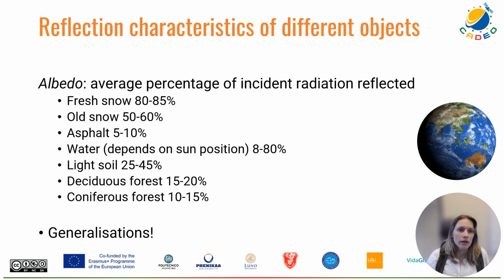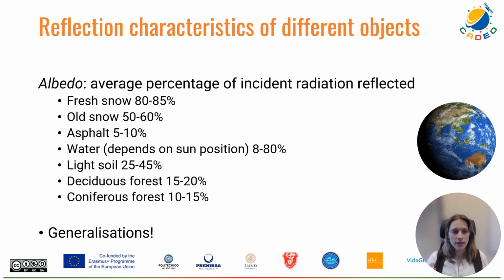Yeah. And we have something called albedo, which is the average percentage of incident radiation that gets reflected by the land surface. And so the higher percentage, the more is reflected. So for example, we know that fresh snow has a very high albedo. It reflects a lot of incoming radiation, and that is also why snow is so bright.